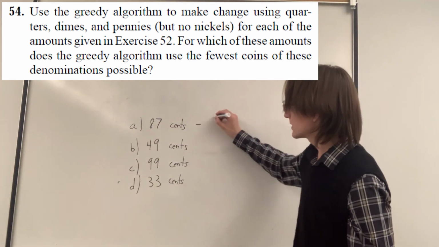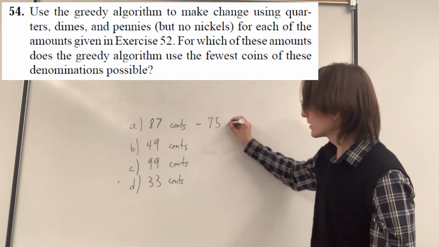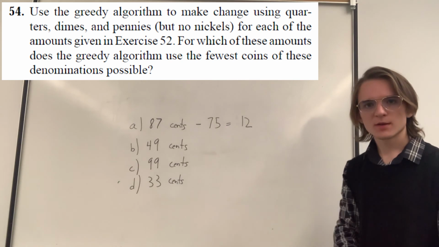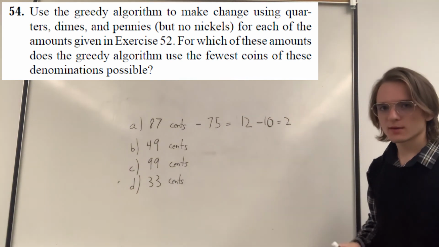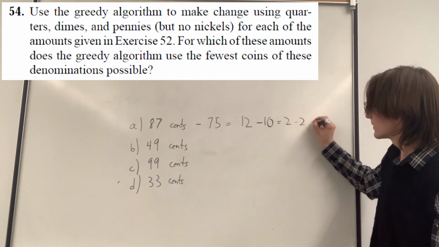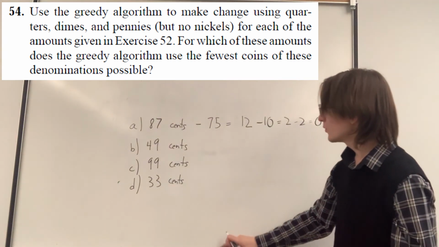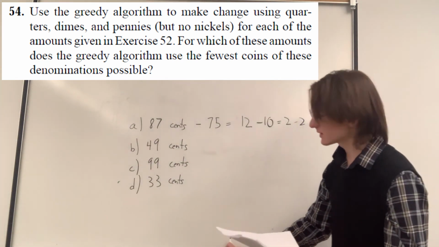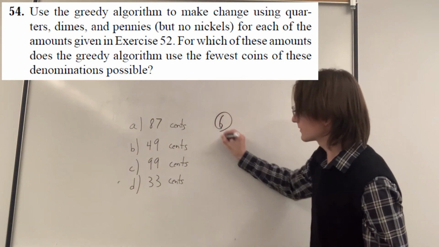So if we subtract 75 cents, that's 3 quarters, we're left with 12. From there, we can subtract 1 dime, we get 2, then subtract 2 pennies, which gives us direct change for 87 cents. We used 3 quarters, 1 dime, and 2 pennies for a total of 6 coins for part A.